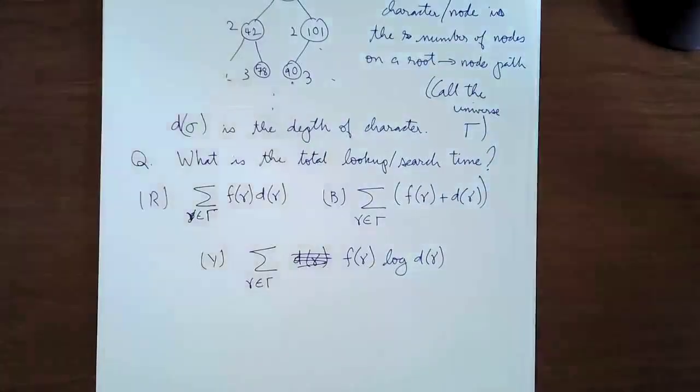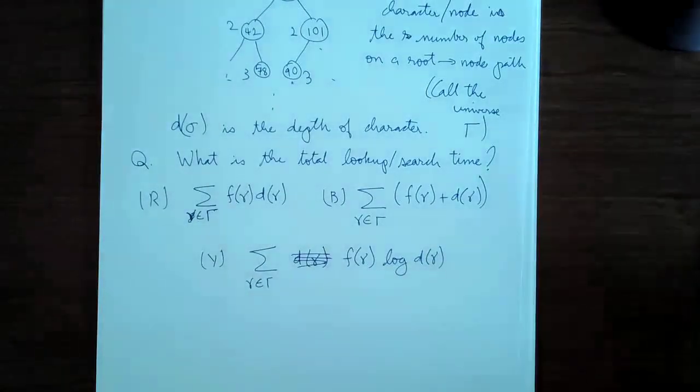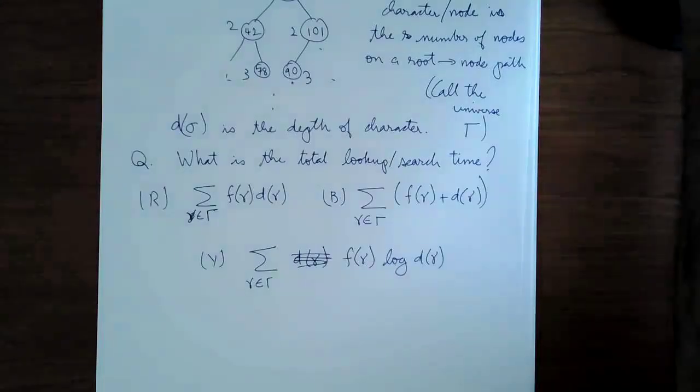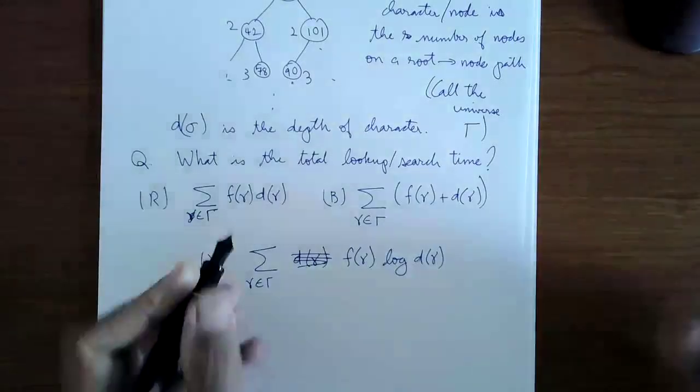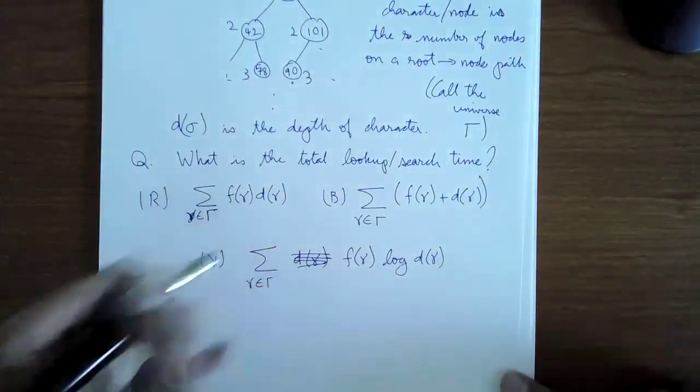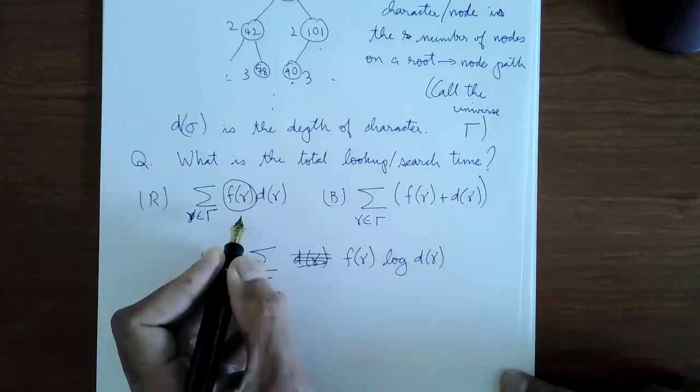Okay, so it seems like there's a fair bit of confusion on this, and maybe this question is a little challenging to think about. So instead of telling you the answer, I'm just going to tell you what the logic is, and then when we come back in the next lecture, we'll actually discuss the answer. So look at a character gamma. This is the number of times you search for the character.